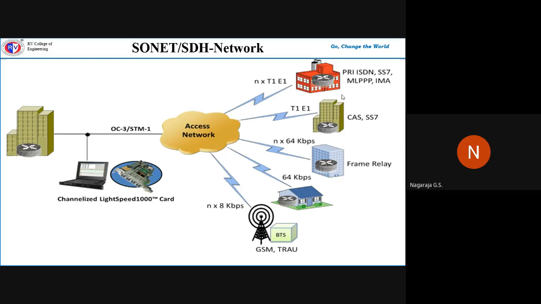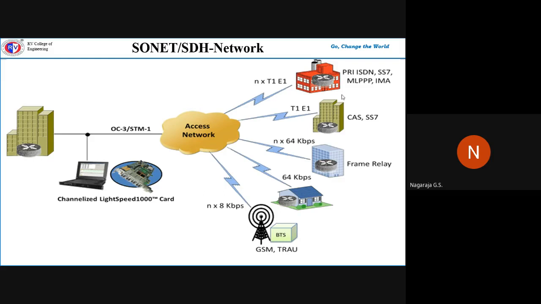the public switched telephone network using your signaling system, a protocol that is SS7, and you can also use message level protocols with the help of SS7, in the case of ISDN services as well.